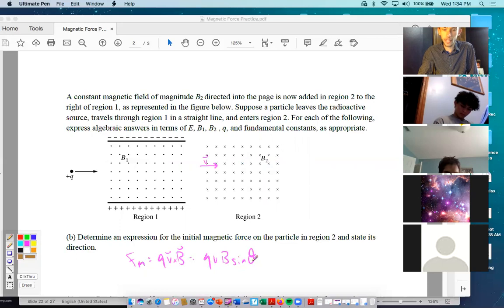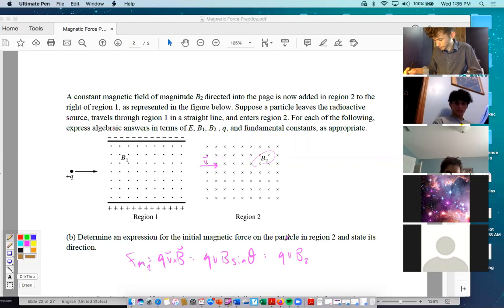Is everyone clear on that? If my velocity is this way and my field is into the screen, that's still a 90-degree angle. So the magnetic force in region 2 simplifies to QVB, and this is B2 because I'm in the second region.